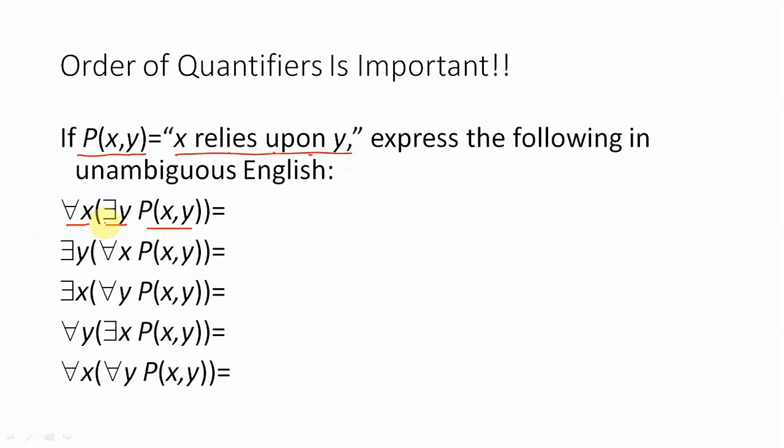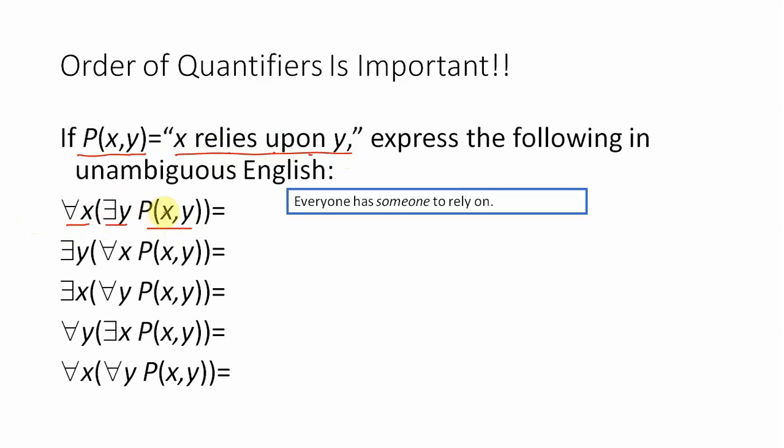In simple plain English, everyone has someone to rely on. For every person x, there exists a person y such that x relies on y.